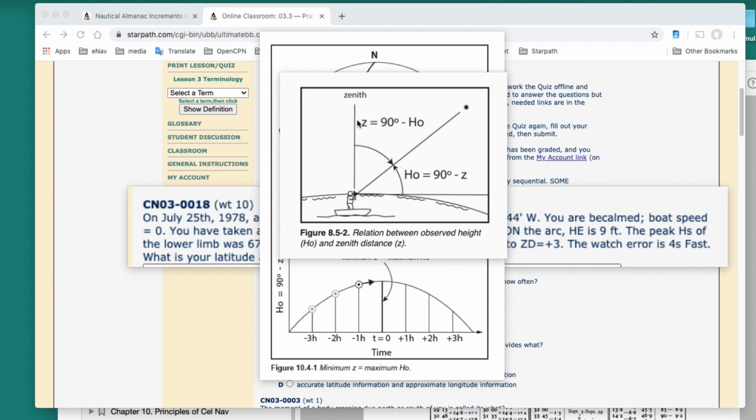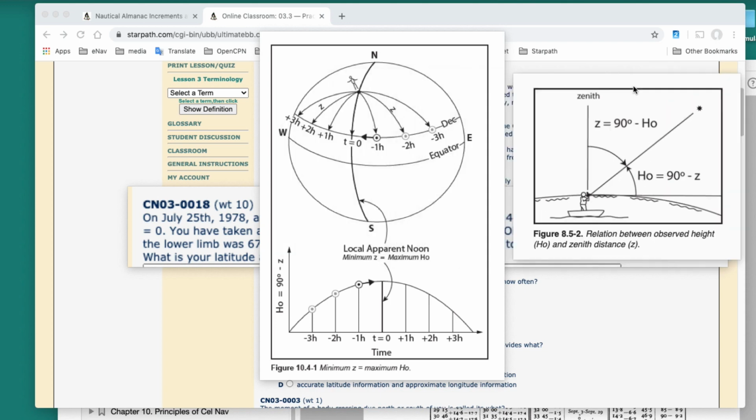So if we measure H, we find Z by 90 degrees minus HO. We're not getting into that at this point, but Z is really the fundamental value we care about: where we are relative to the point overhead. But we can't measure that directly, so we measure H and then find Z. So there are the two angles.